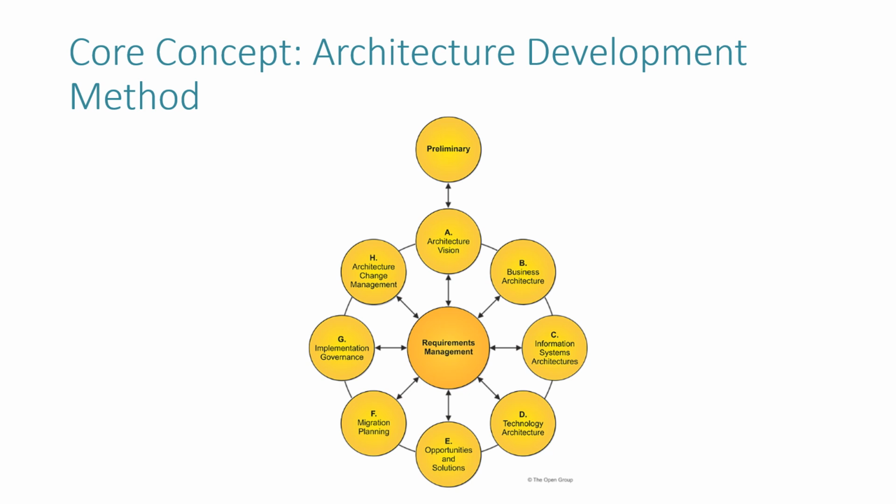And phase F, migration planning, addresses how we move from the baseline to the target architecture. So when we started this ADM cycle, at that point we had some current architecture, or we call it baseline architecture. And during phase B, phase C, and phase D, we defined the target architecture. In phase C is the first time we start analyzing the gap between the target and the baseline, and then we define some transition architectures or some packages like a roadmap.